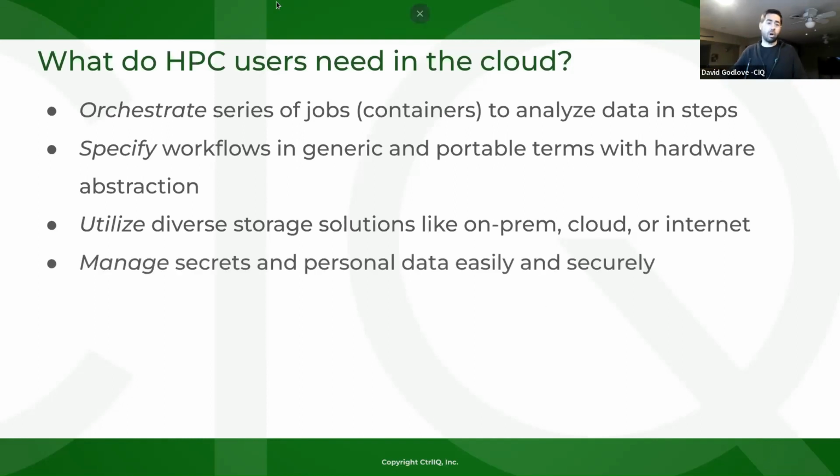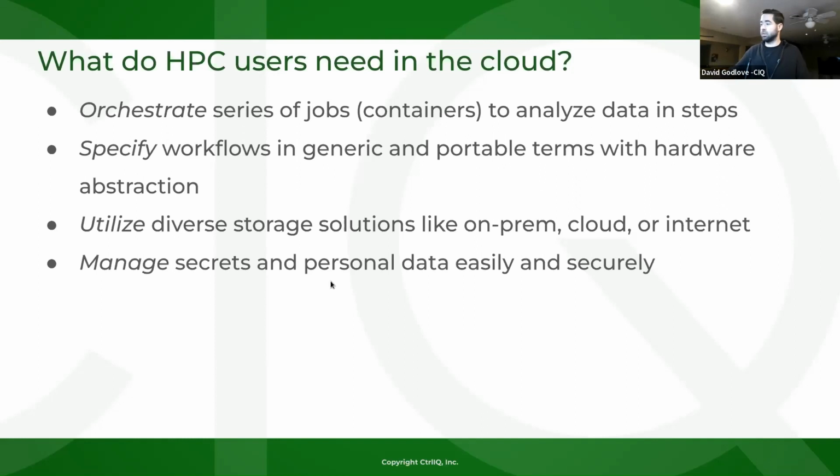And then finally, if we're talking about S3 buckets, or getting containers from private registries when we run our jobs, there are many different instances in which we need secrets or personal access tokens or passwords or whatever, and we need to be able to manage those secrets both easily and securely.